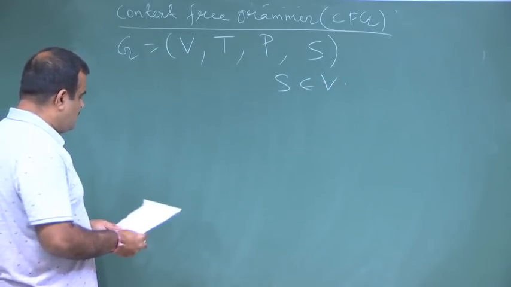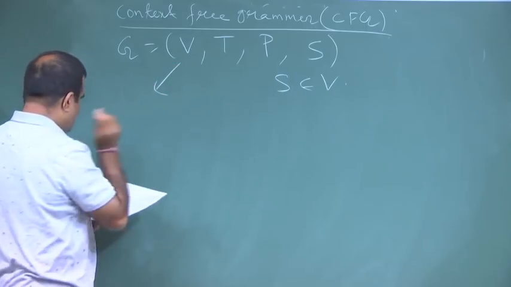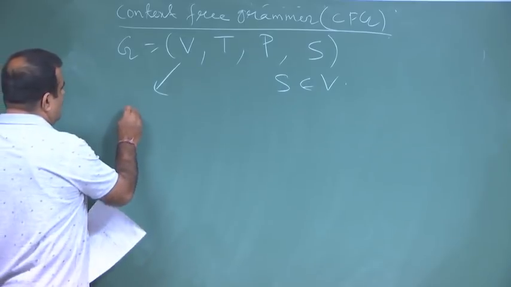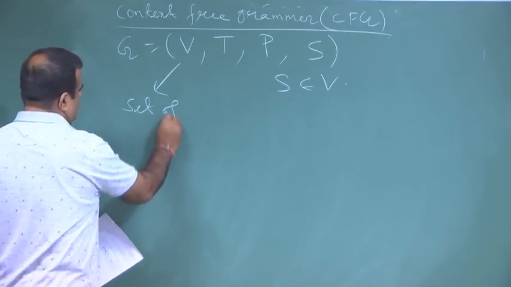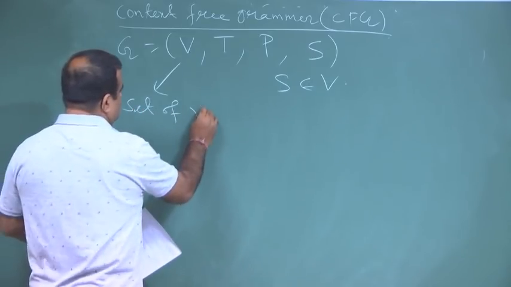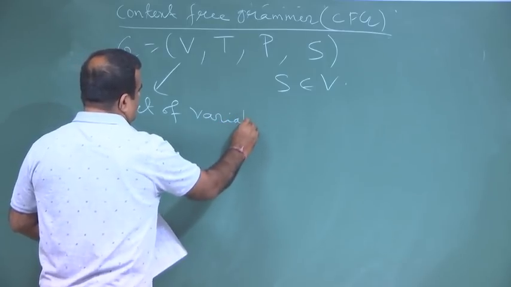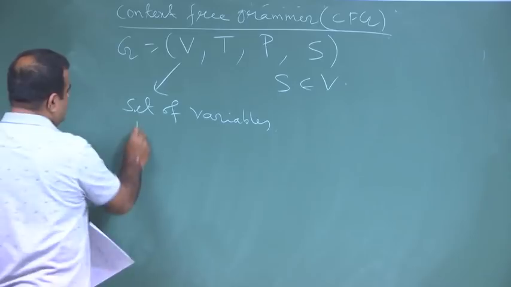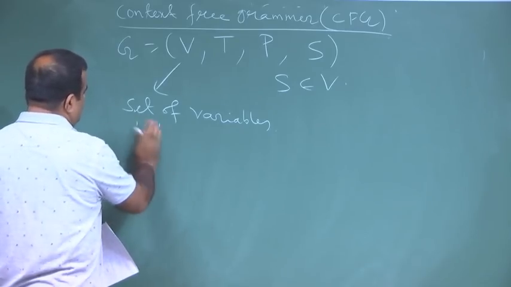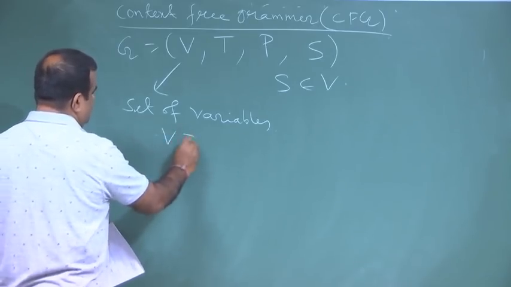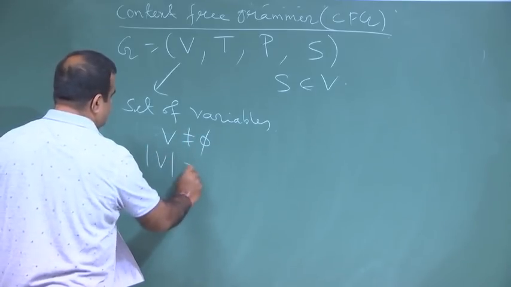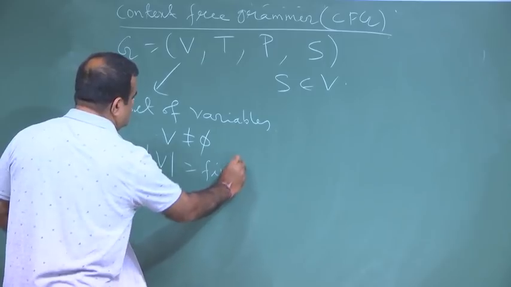So, what is V? V is a finite set of variables, and this set is finite and non-empty. So, V cannot be empty, but it is finite.